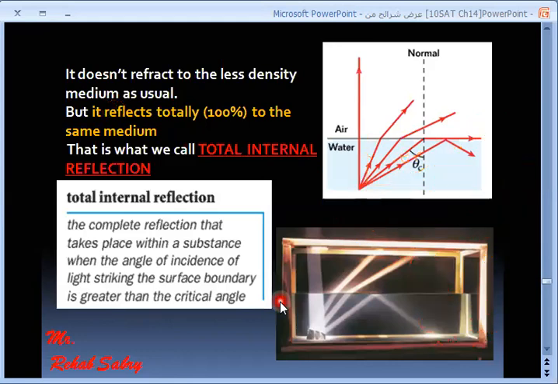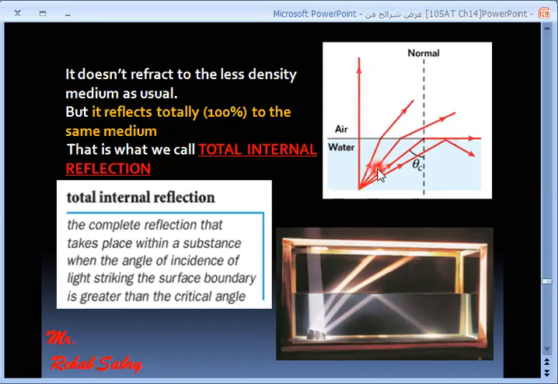Total internal reflection will happen. Okay. Alhamdulillah. So it doesn't refract to the less dense medium as usual, but it reflects totally, 100% reflection, to the same medium, which is the higher one, the denser one. Okay, that is what we call the total internal reflection.